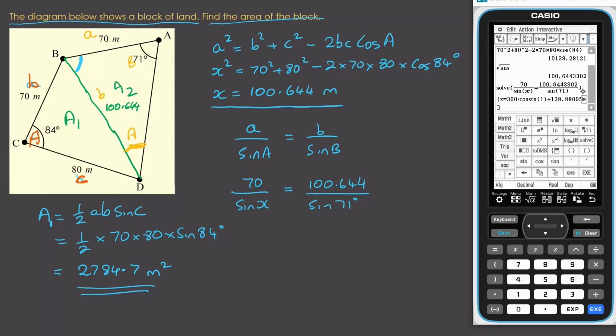And what I probably should have done was tell this that I wanted an answer between 0 and 180.